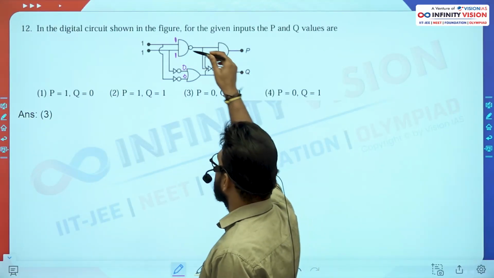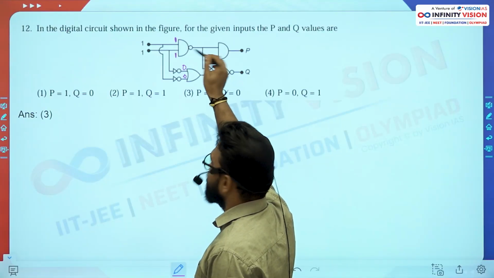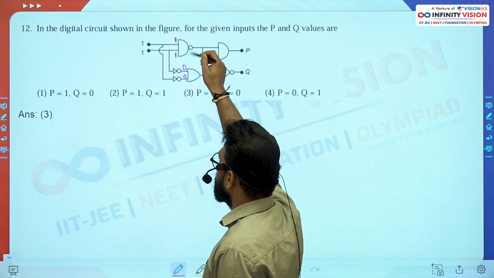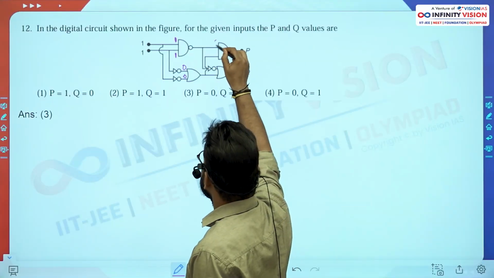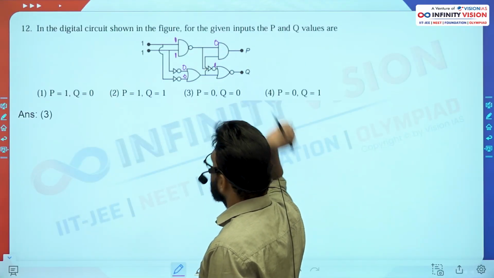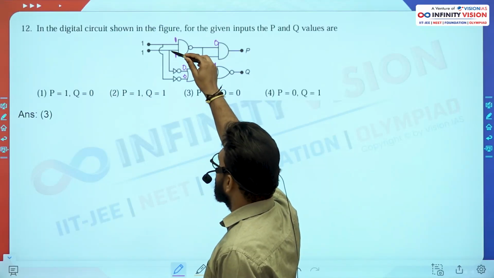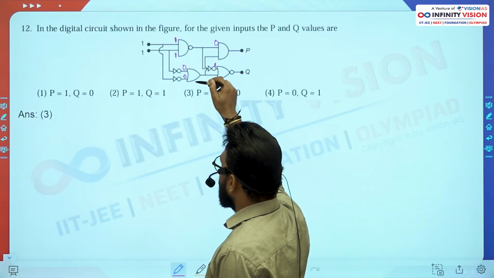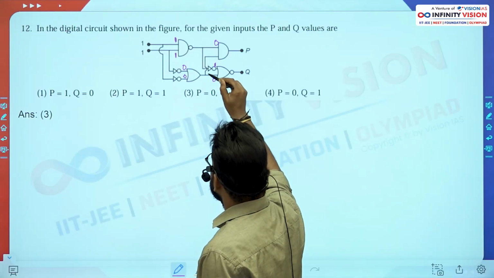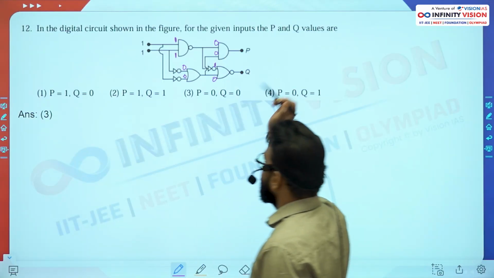Moving forward, it is a NAND gate with inputs 1 1, so the output would be 0. From here 0 goes into a NOT gate and becomes 1 over here. Here it is an OR gate, 0 0 is again 0. 0 will go over here.